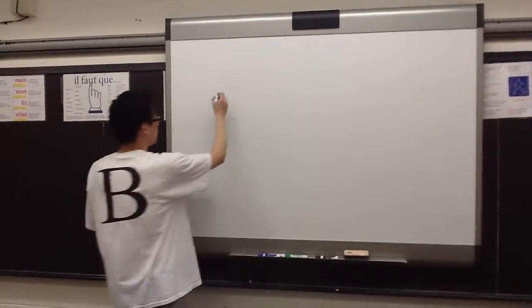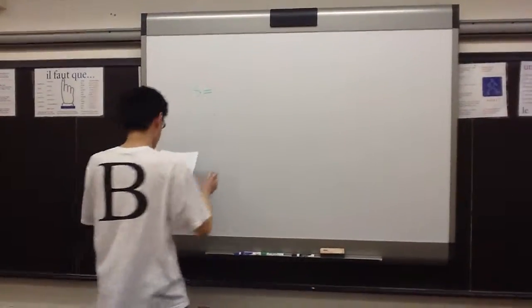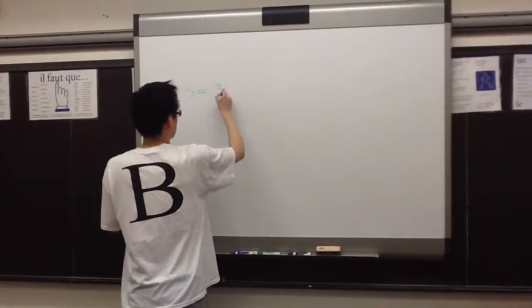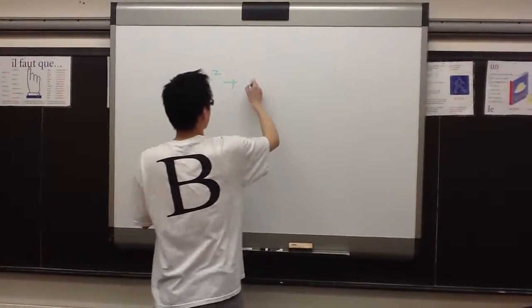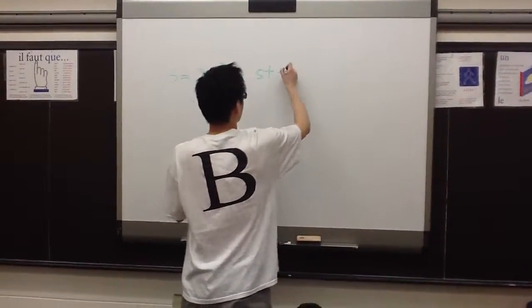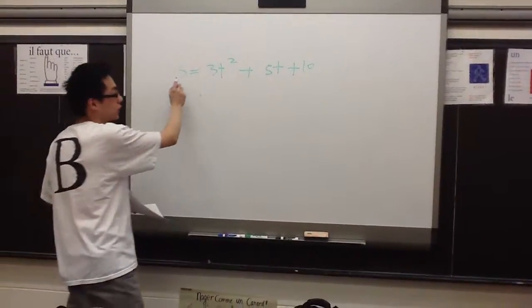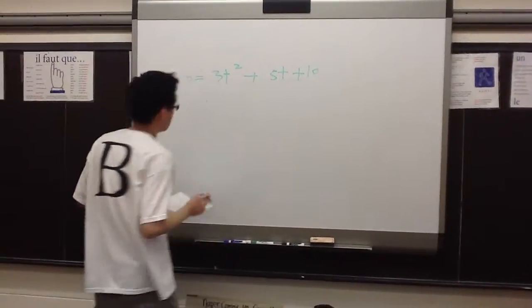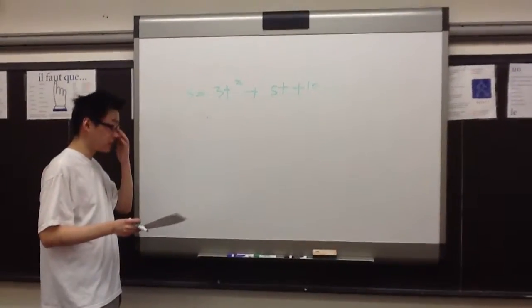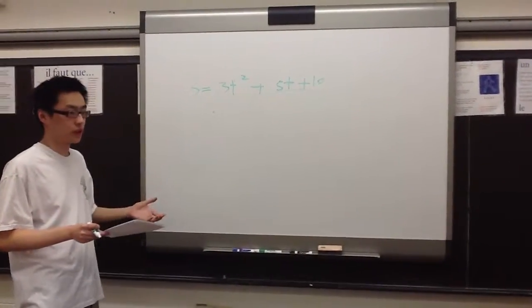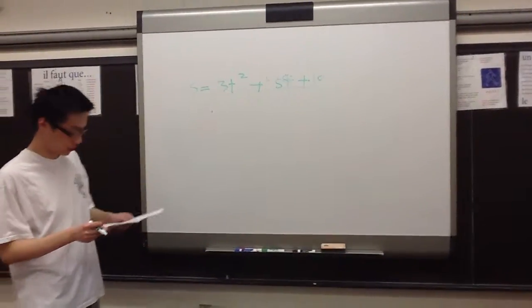Okay, here's the example. We know this is the position function, and the question is we need to know after 2 seconds what's the velocity, and after 2 seconds what's the acceleration.